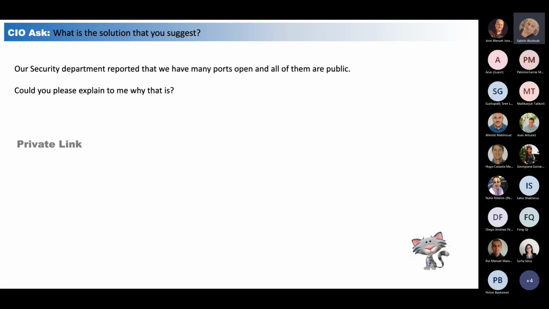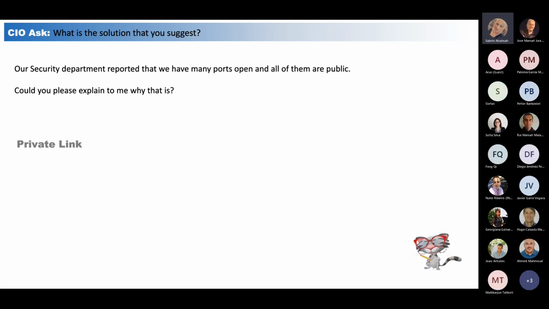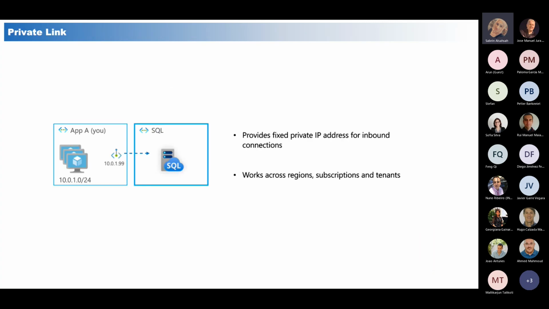Of course. Some of the customers might be concerned about opening ports, or about their databases being open for public access. You can limit the public access by creating a private link, which basically allows you to connect to your database using a private endpoint. Let me show you this graph. Let us assume that you have an application and an Azure SQL database, you have enabled the private link, and you have closed the public access.